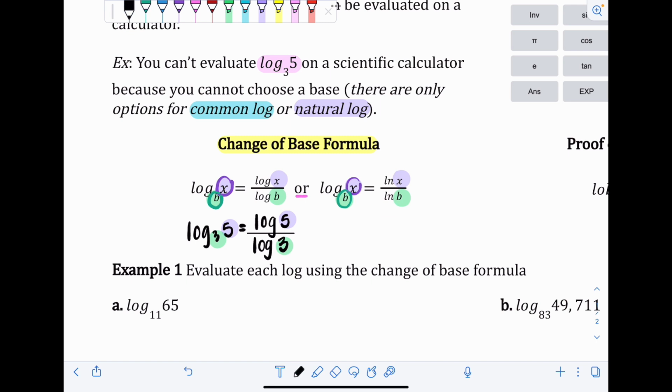So if I were to change log base 3 of 5 using the natural log form, it would turn into ln of 5, because that was originally what I was taking the log of, over ln, natural log, of the original base 3. So pretty much it changes the same way, you can pick between common log or natural log as long as it's the same on numerator and denominator.